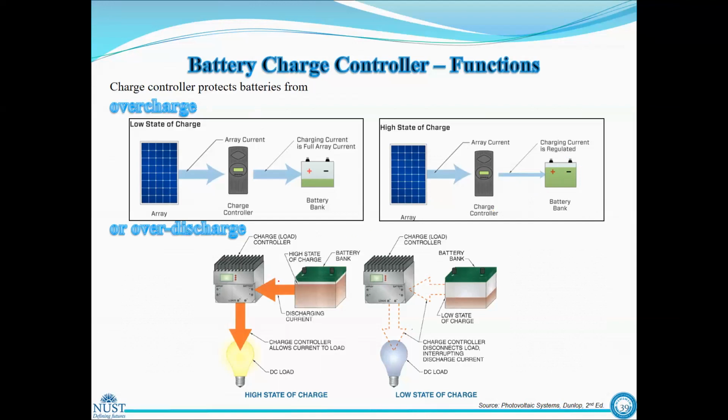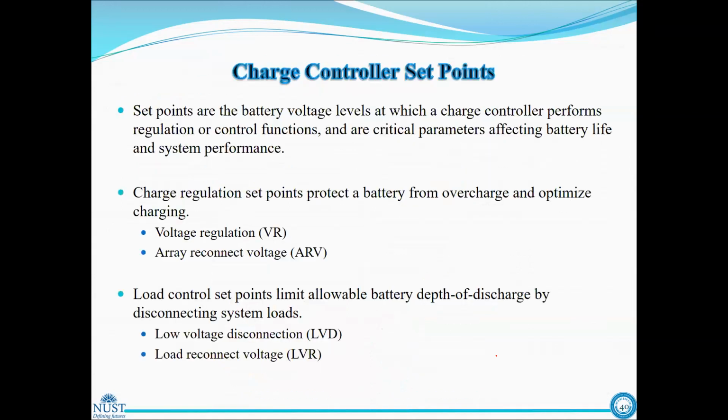And then if we have achieved the low state of the battery, close to DOD, then the charge controller should disconnect the loads to protect the battery from over discharge as well. So the battery should not be overcharged or over discharged.